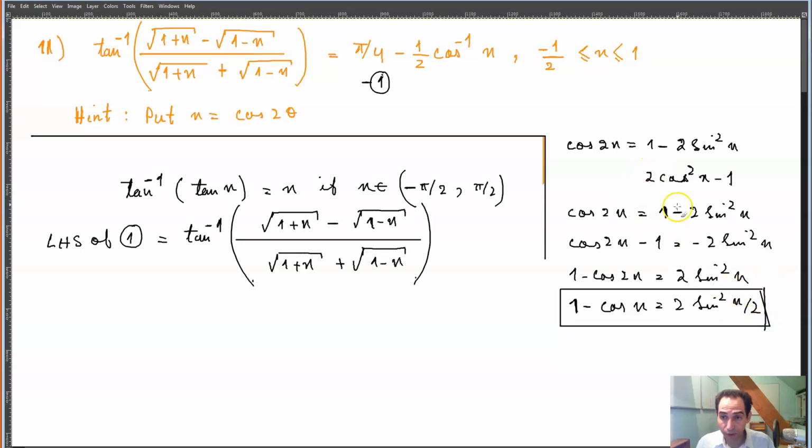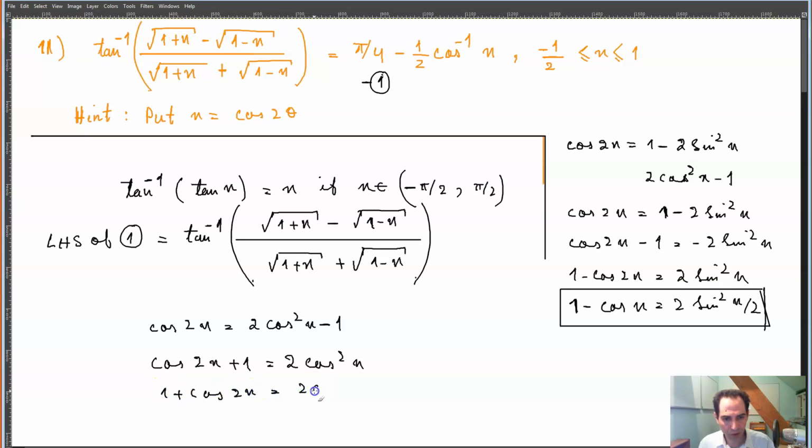The other formula that we need here is cos of 2x is equal to 2 cos squared x minus 1. And so I can write cos of 2x plus 1 is equal to 2 cos squared x, and then 1 plus cos of 2x is equal to 2 cos squared x, and 1 plus cos of x is equal to 2 cos squared x by 2, right?